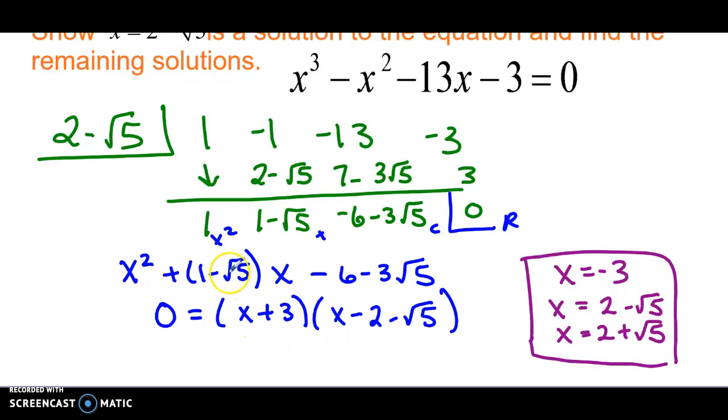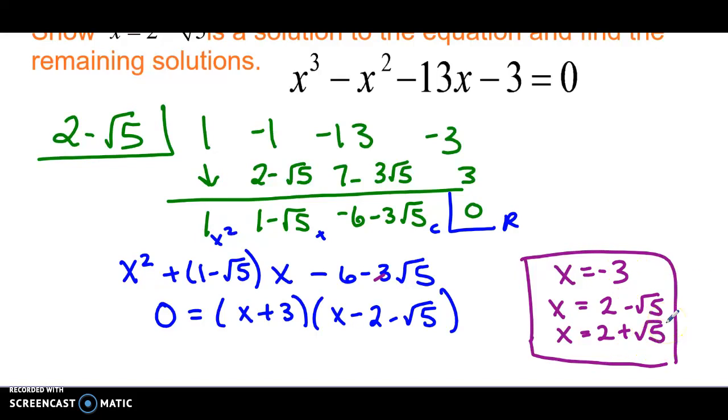I see these root 5s in common, so I'm trying to think, how do I multiply to get this -6 minus 3, but add to get this 1 minus root 5. And I do get these 2 factors here, which gives me my other 2 solutions. So I have -3, 2 minus root 5, 2 plus root 5.